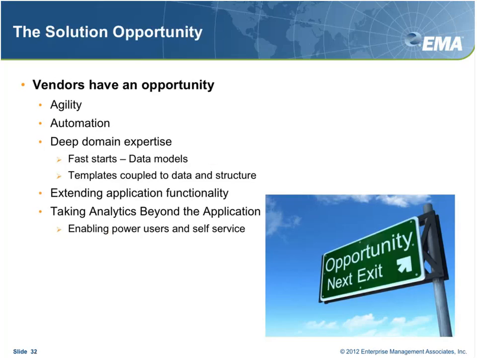For those of you who are looking to solve this problem of complexity, some of the things that you need to be looking for, as I said at the top of my talk today, is agility. Look for systems that allow you to replicate and reuse, systems that allow you to change and customize at speed.